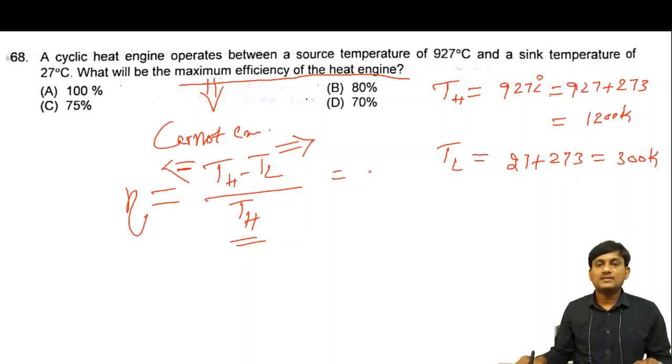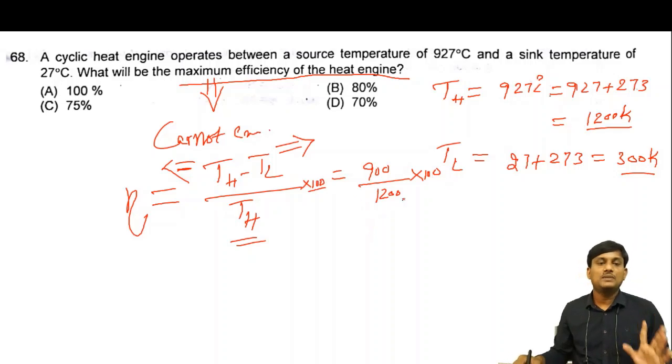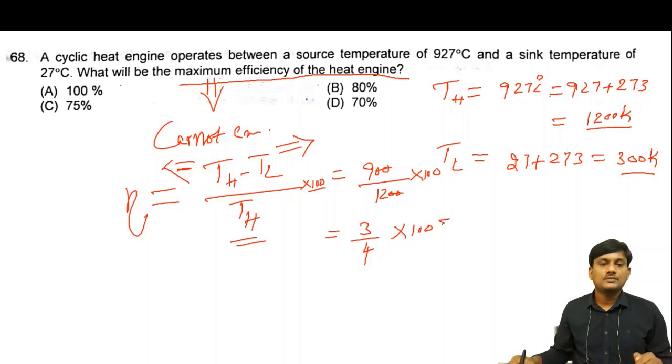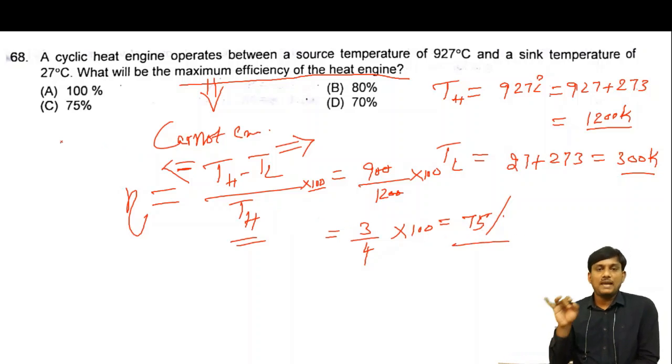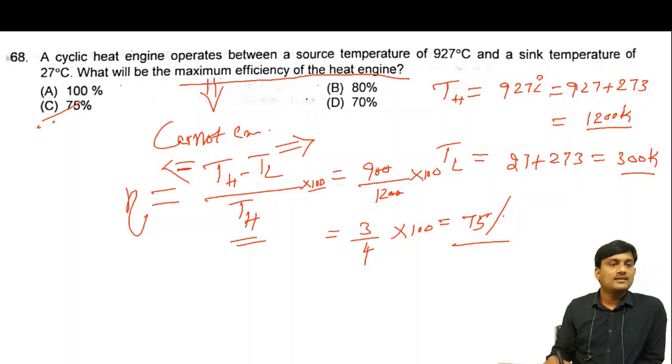So TH minus TL, 1200 minus 300, will be 900 by 1200. If it is a fraction, no multiplication by 100. If it is percentage, you have to multiply with 100. So it's 3 by 4 times 100. Obviously 3 by 4 will give 75 percentage. The maximum efficiency is 75 percentage.